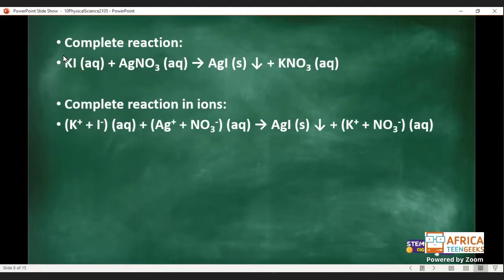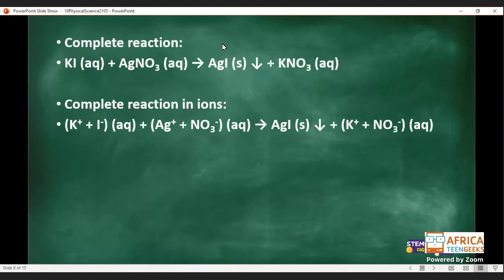You see that? I didn't change what I have. I just split potassium iodide into its ions. So it's potassium and iodide. I did the same thing here, silver and nitrate. Okay?